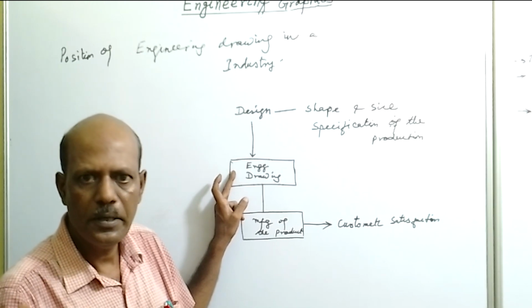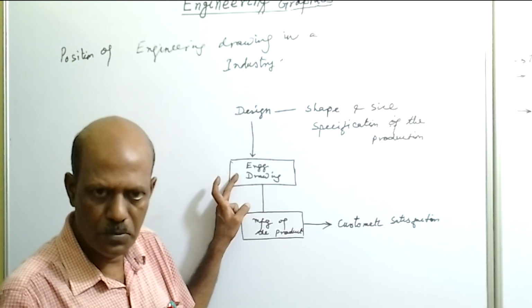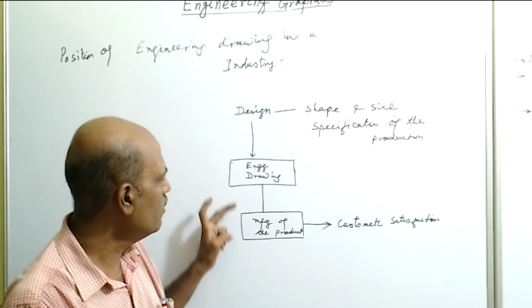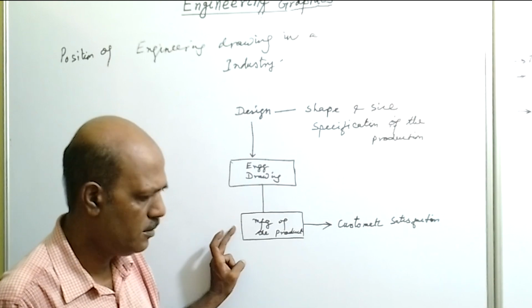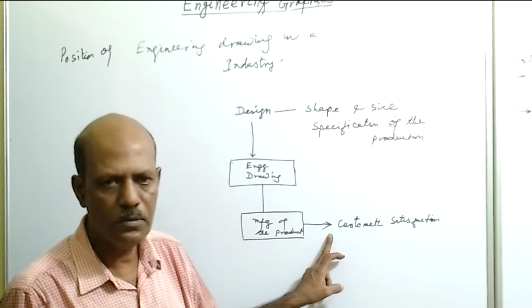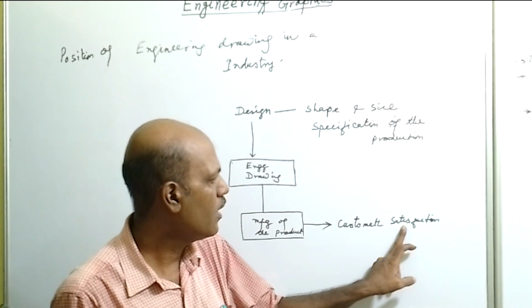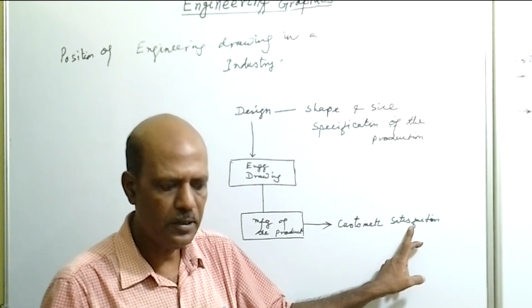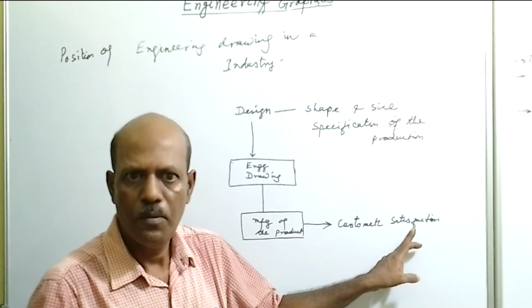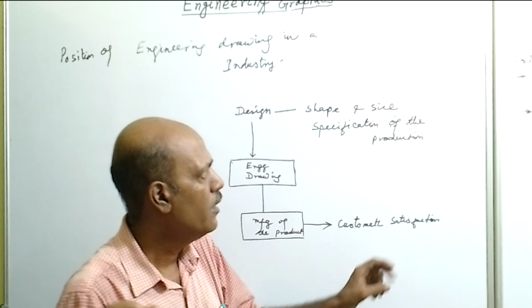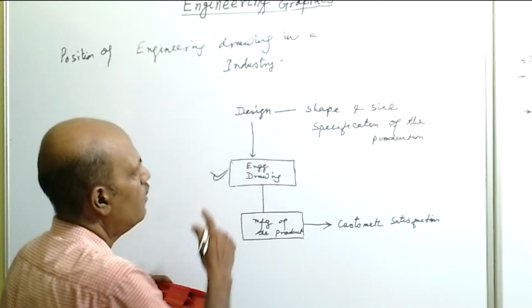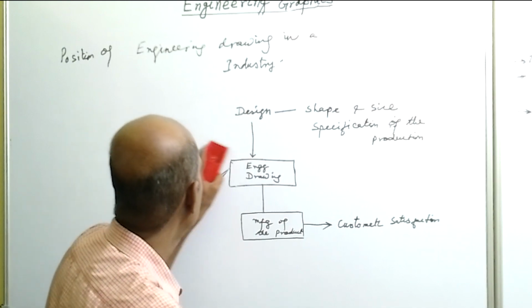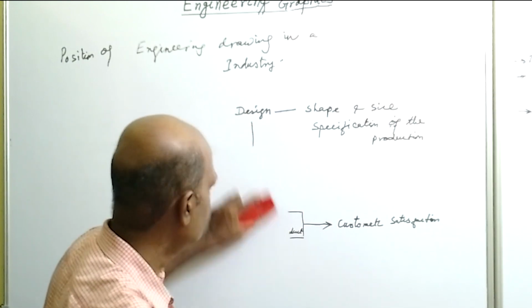It may be a multi-view drawing. That drawing will go to the shop floor for manufacturing of the product, and then that physical product will be shipped to the customer for the fulfillment of their need. So this is the position of engineering drawing in the manufacturing industry.